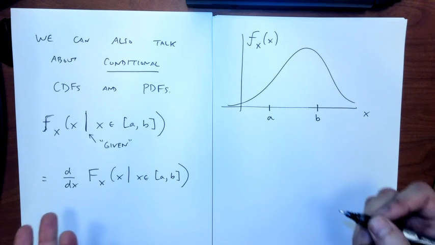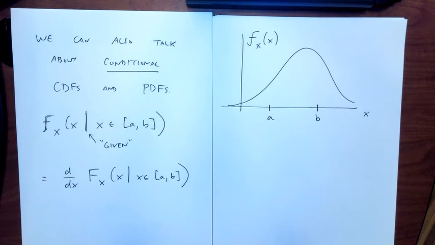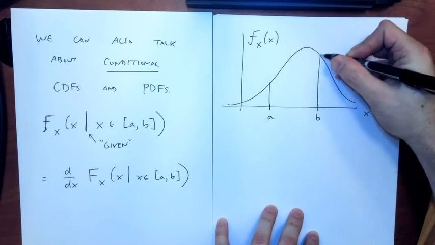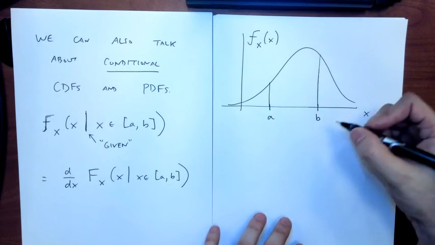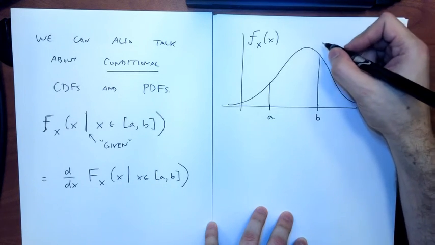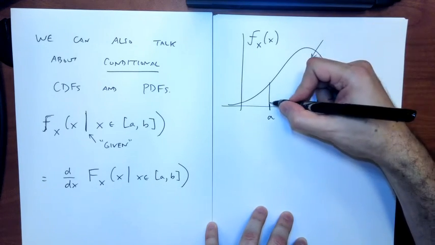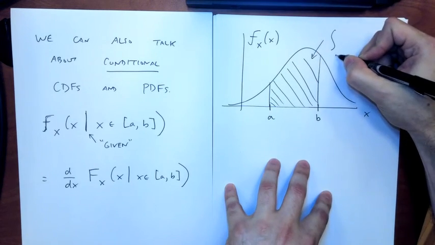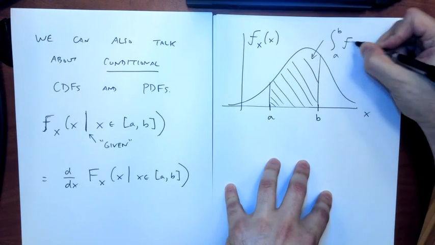What I'm going to have is something where I'm normalizing by the probability of being in this region, right? So this number is basically the integral from A to B of the PDF.